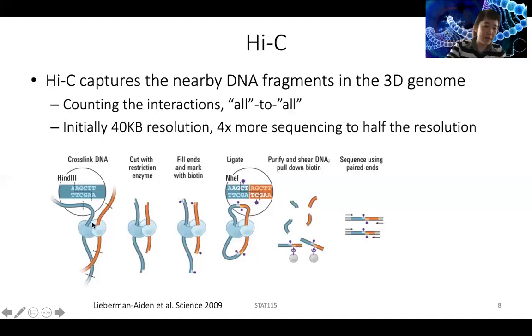Yeah, so for example, you can see here, supposedly this blue region is bound by one transcription factor, and this orange region is bound by another transcription factor. Because the two transcription factors might be interacting, these two pieces of chromatin might be close to each other, right? And cross-linking just tries to stabilize the interaction a little better so that it can withstand the cutting and the ligation, to make sure that they stay together as you do the reaction.